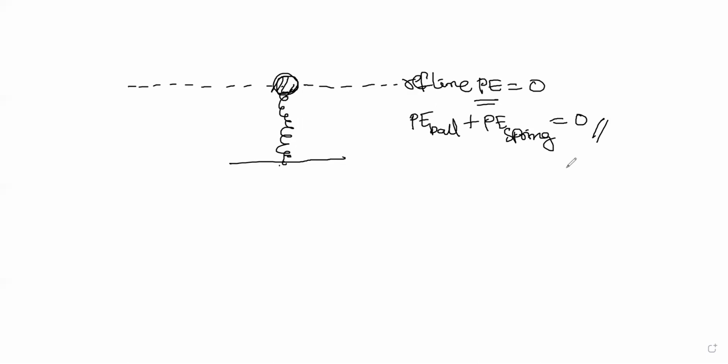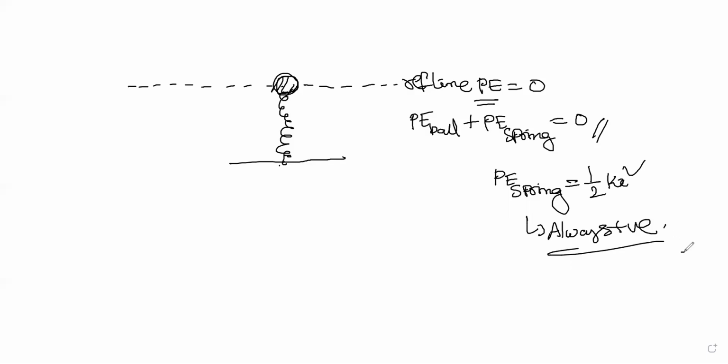Now, always remember the potential energy of the spring is half kx square. This quantity is always positive. Potential energy of the spring is always a positive quantity. This one you have to know.